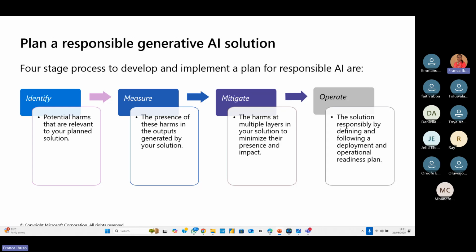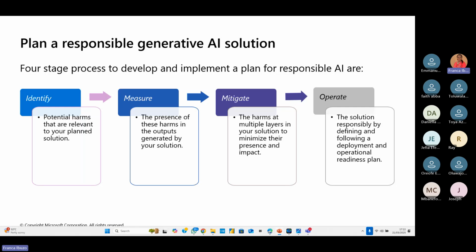First, remember, it's to identify potential harms that are relevant to the planned solution, and measure the presence of these harms in the outputs generated by the solution. The third stage is to mitigate the harms at multiple layers in your solution to minimize their presence and impact.